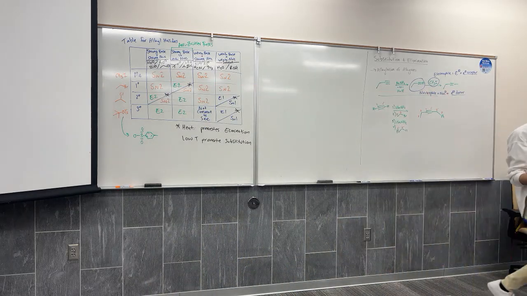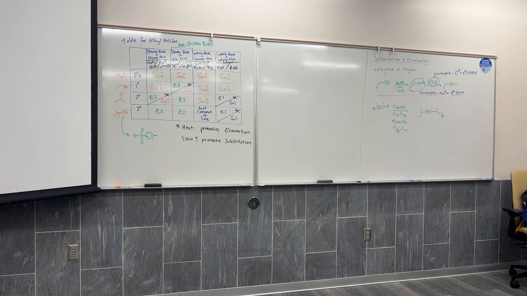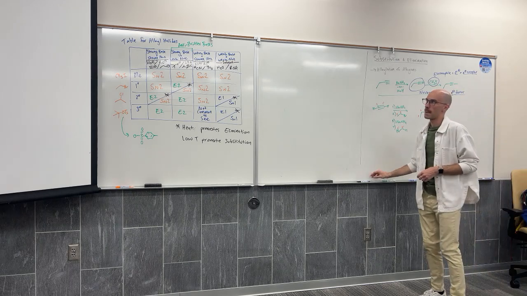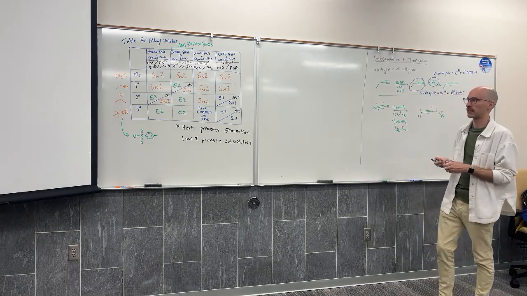Because these are such bad nucleophiles, due to their steric strength, it starts to affect how they act as bases as well. They would prefer to go to the least substituted beta carbon, which gives us a less substituted alkene product, an anti-Zaitsev alkene.